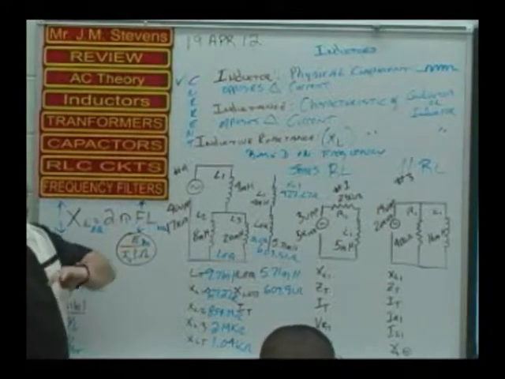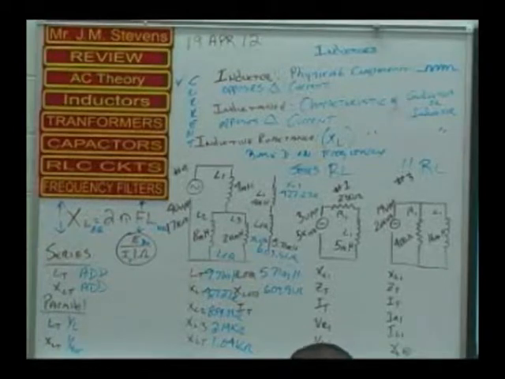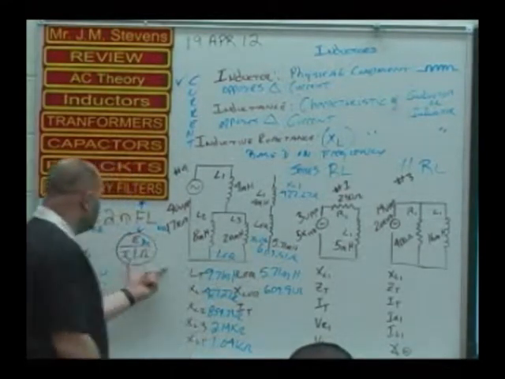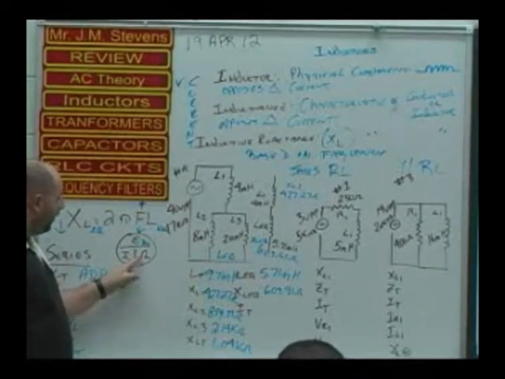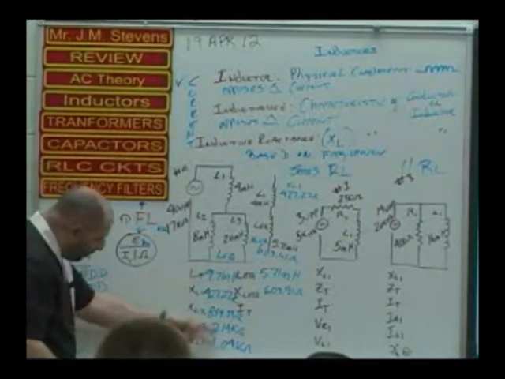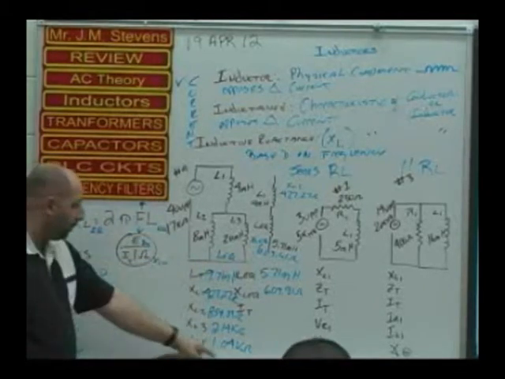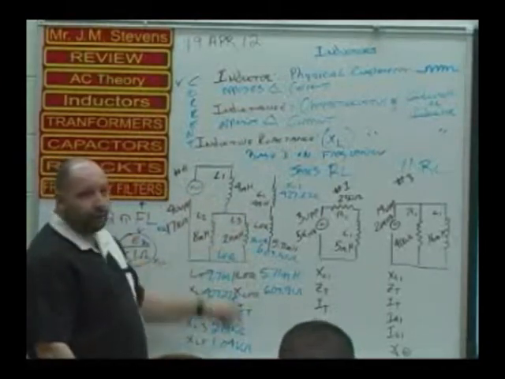I'm not doing the XR, or zeta, anymore. I'm just going to put omega in there now, because we all should know by now what that means. It's all opposition. So 40 divided by, what do I have to use? It's XL total. So 40 divided by 1.04K should give us the total current in this circuit.